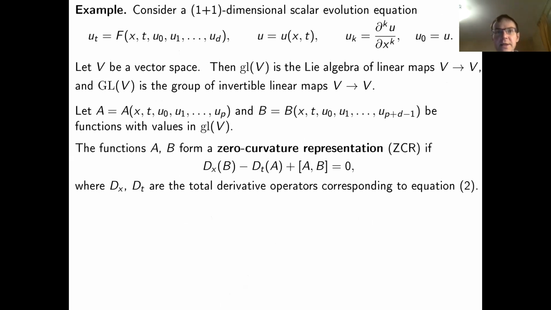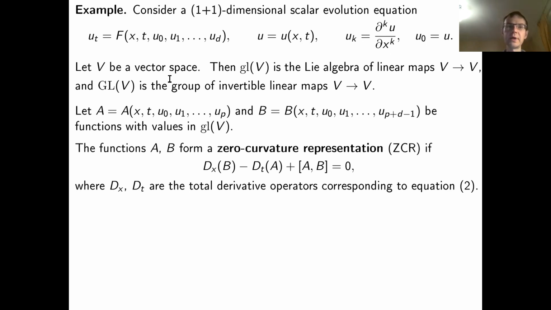Let's consider an example. We have here a scalar 1+1 dimensional evolution PDE for a function u of two independent variables x and t. So we have a PDE of this form. Ut is the derivative with respect to t, and on the right hand side the function f may depend on x, t and arbitrary derivatives of u with respect to x.